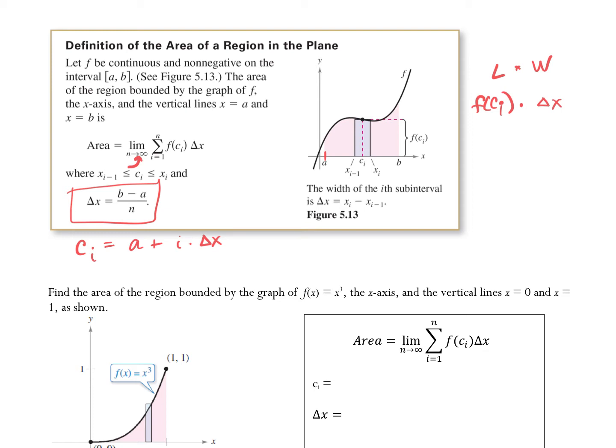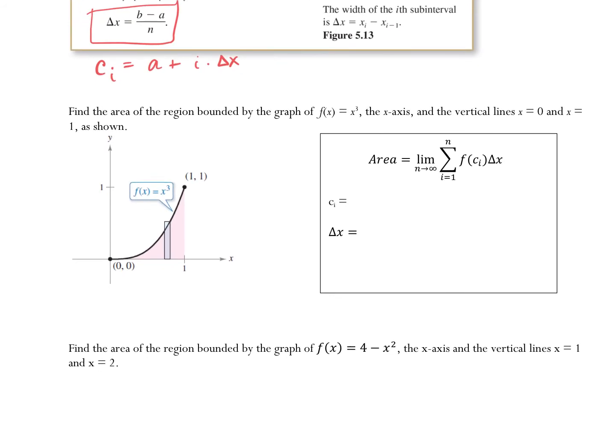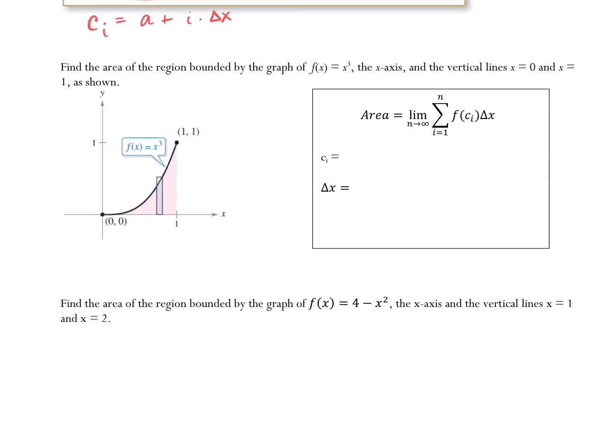All right. So let's say I ask you guys, what is the area bounded by the function f of x equals x cubed and the x-axis between 0 and 1? Is everybody with me so far? Do we know what delta x is? How could we figure it out? B minus a over n, and in this case that would be 1 minus 0 over n, which is 1 over n.